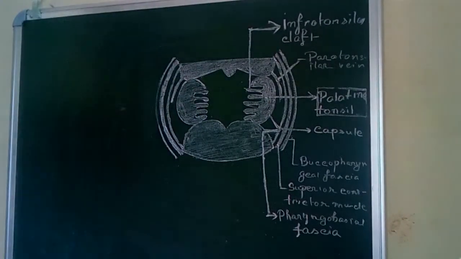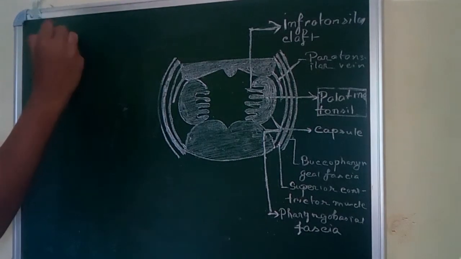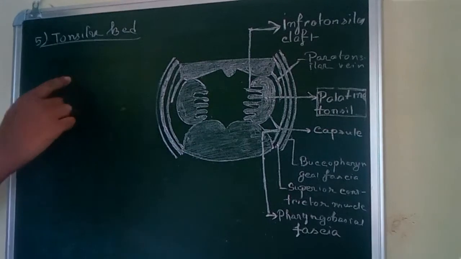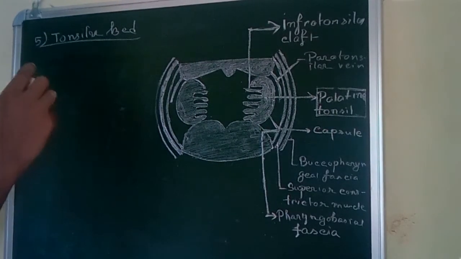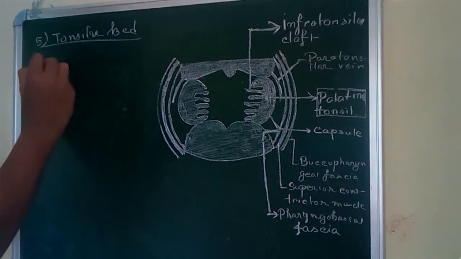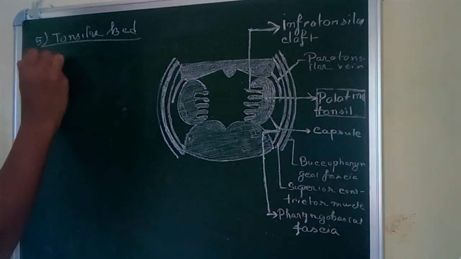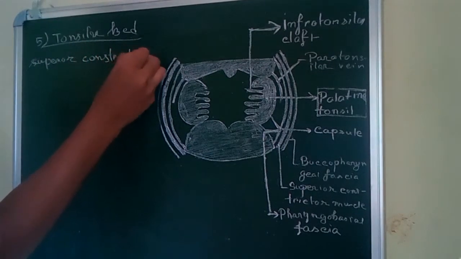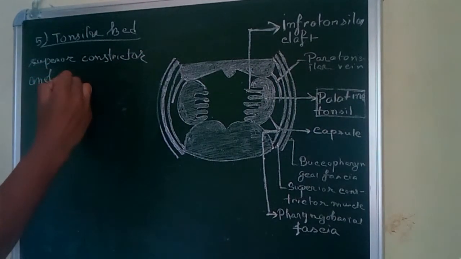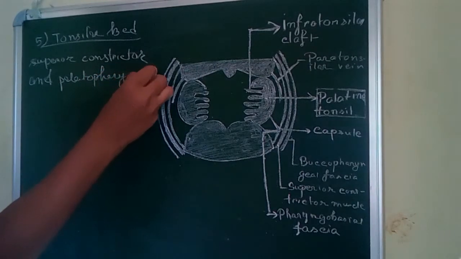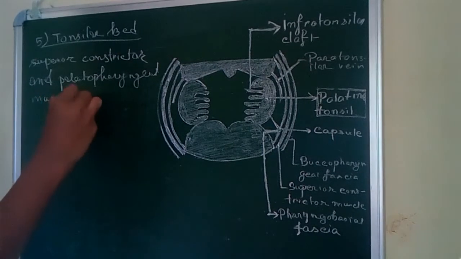Number five, the tonsillar bed. The tonsillar bed, or the floor of the tonsil, is formed by the superior constrictor and partly by the palatopharyngeus muscles.